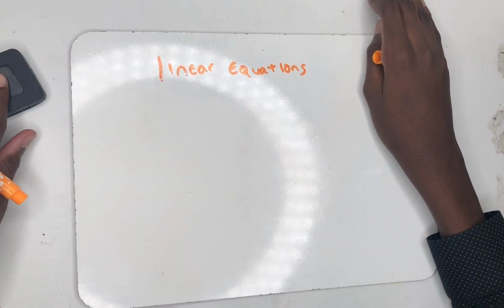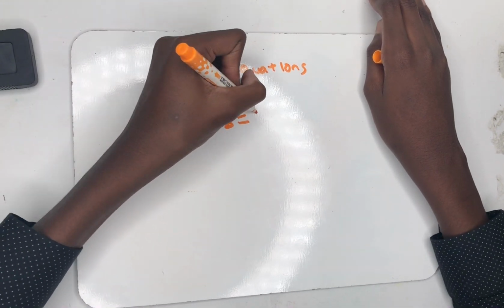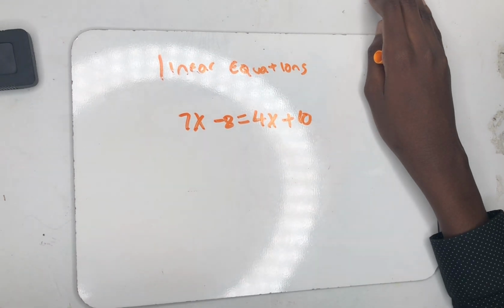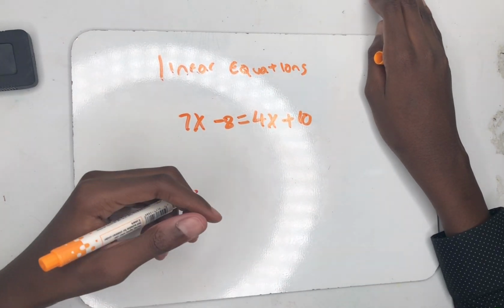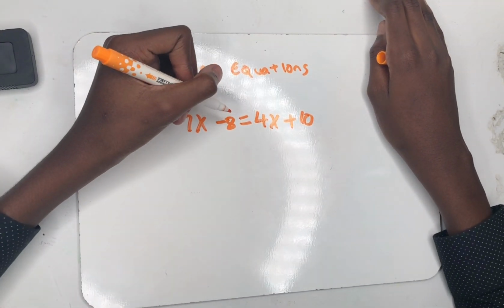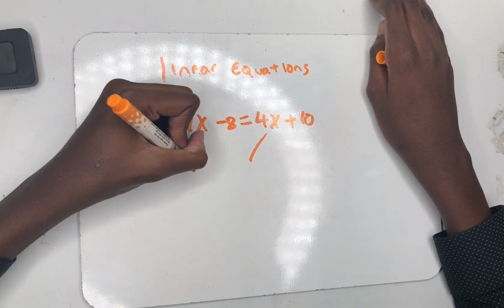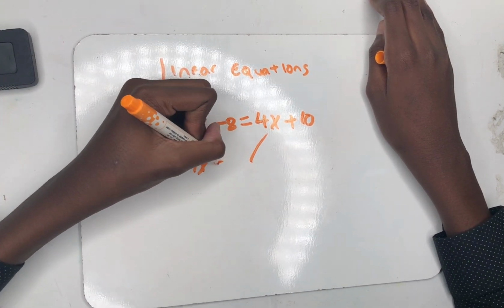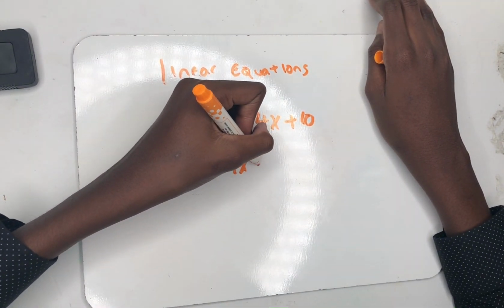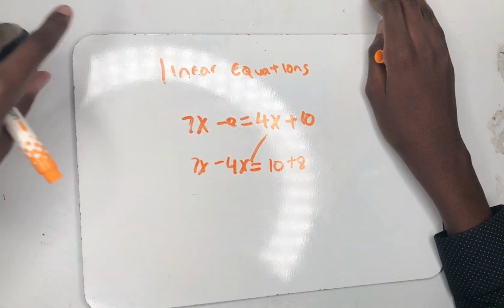Then we have one more. 7x minus 8 equals 4x plus 10. If you'd like to do this, you can do it on your own. This is more of a no solution, some solution problem. So let's rearrange it. We're just going to put this here so that it can be with 7x minus 4x, and rearrange these two to be together, which would make equals 10 plus 8, taking away the negative from the 8.